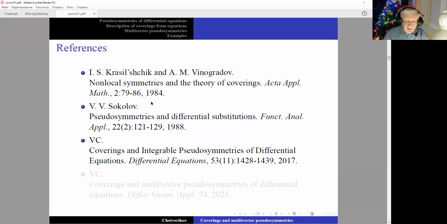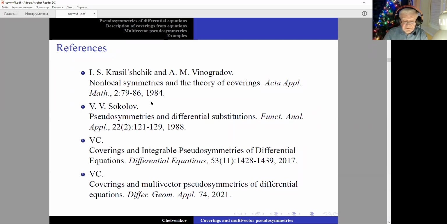The covariance from systems were described in the third work. Finally, multivector fields were used to construct multidimensional pseudosymmetries in the first work.